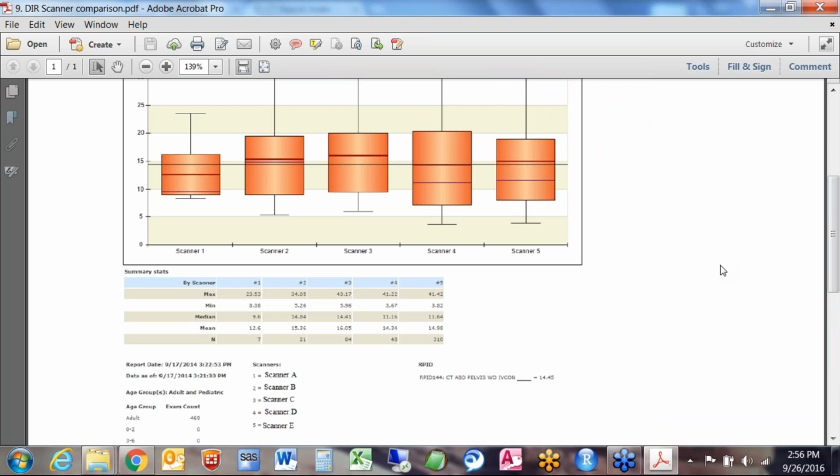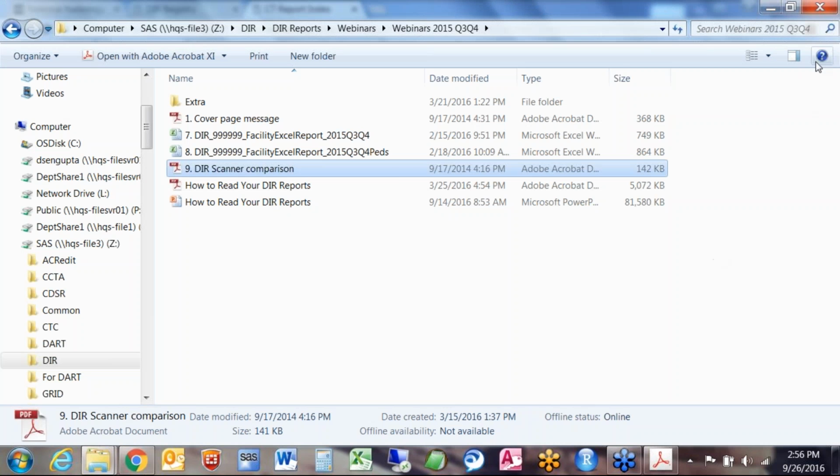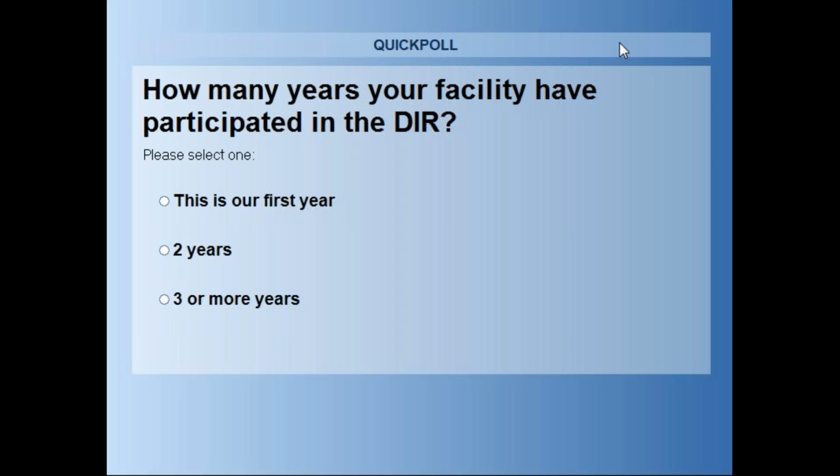Maybe we can do a poll. First poll, I do have two polls. The first poll is how many years your facility has participated in the DIR. And we will also share the data of the poll.